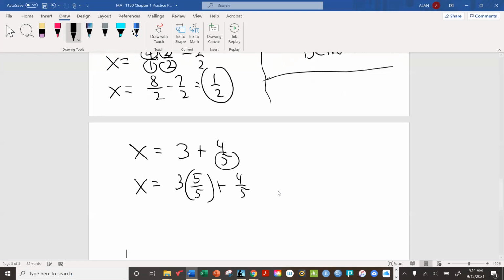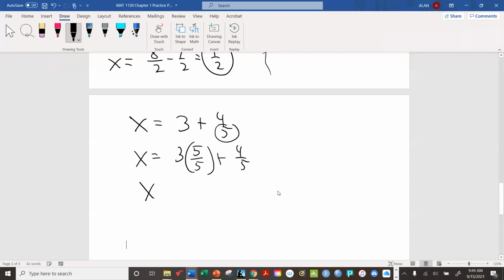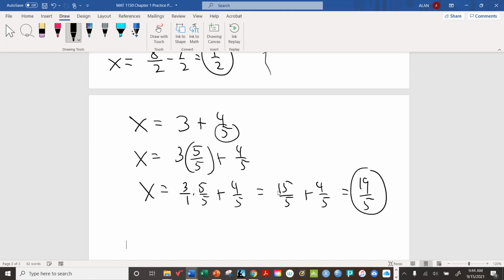No, because 5/5 is 1. So this is equal to 15/5 plus 4/5, which is 19/5. Okay, so that is often a very useful technique to have.